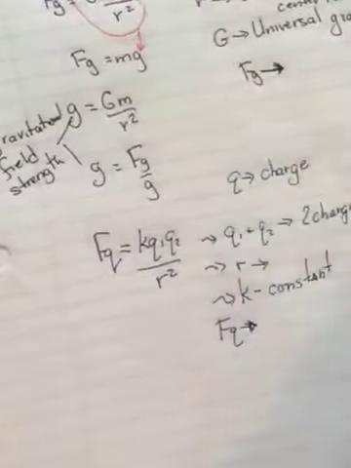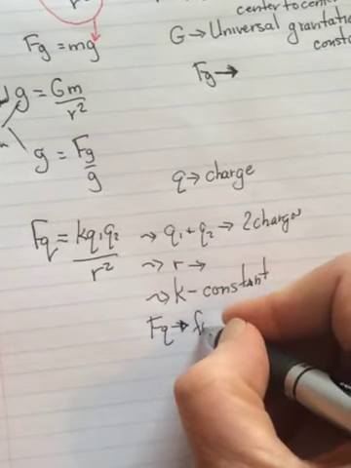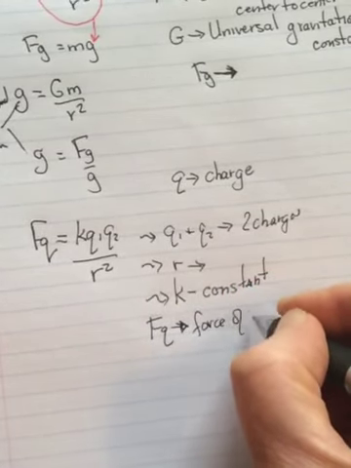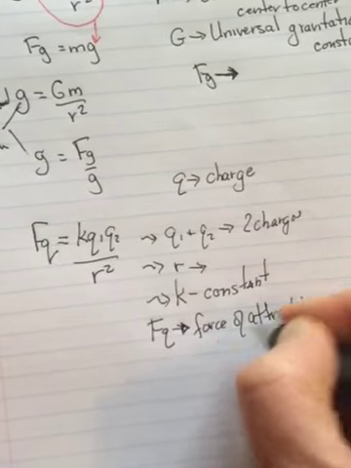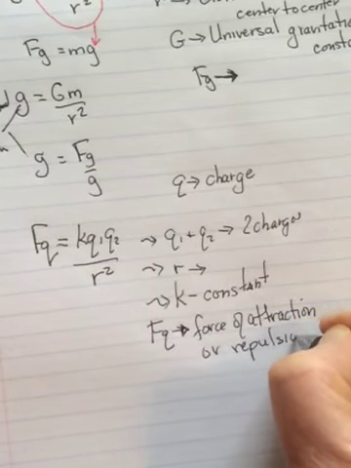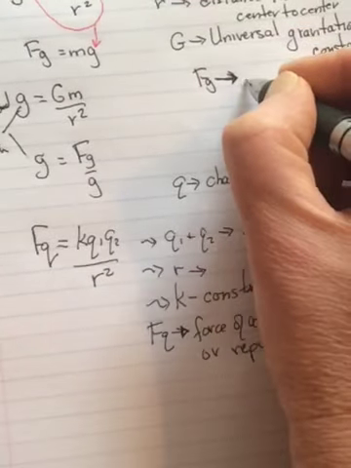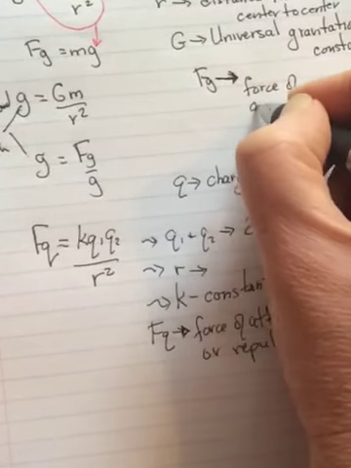So FQ, unlike FG, it could be a force of attraction or repulsion, whereas FG is always, always, always a force of attraction. You never have to wonder about, is the Earth going to pull you down or push you away? It always pulls you down.